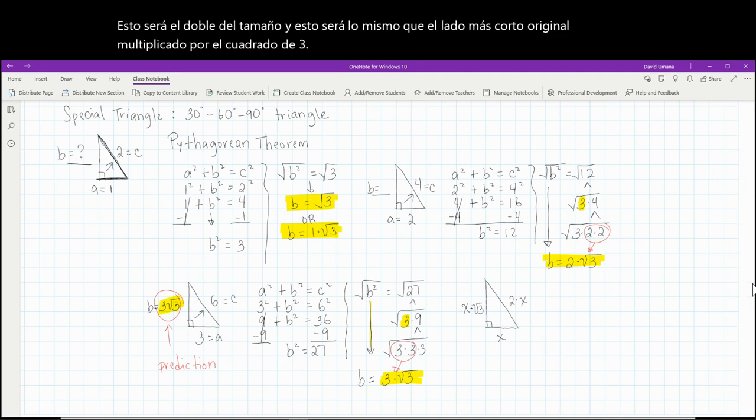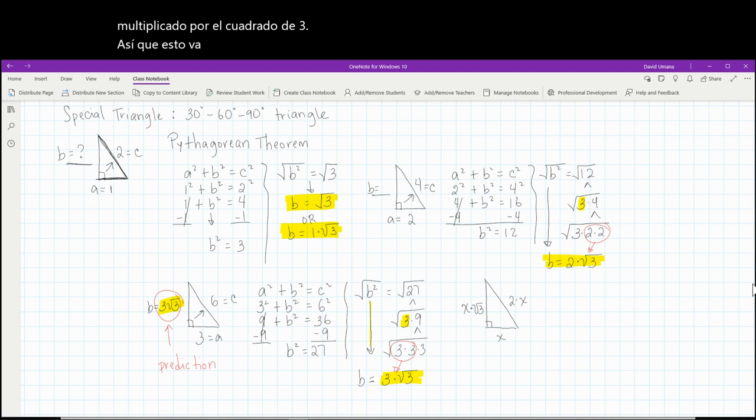So this is going to represent what I call my general solution for a 30, 60, 90-degree triangle.